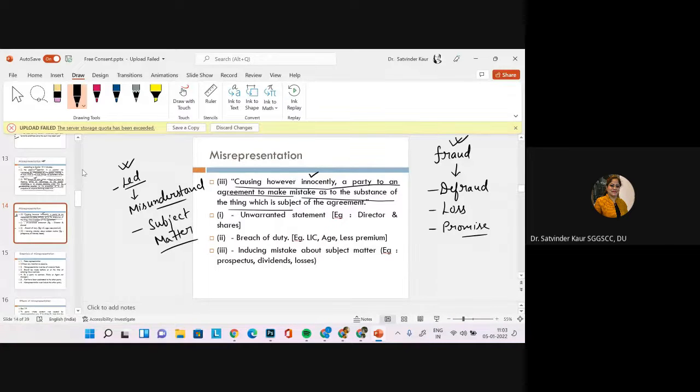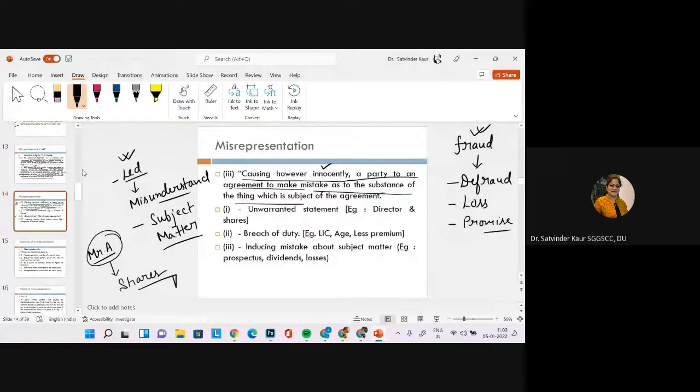For example, there is a statement that Mr. A is going to be the next CEO of a particular company. You do not have any authentic information, but you have made this statement. On the basis of this, the other person purchased the shares of the company, and later such and such person did not join, and the company was not doing well.